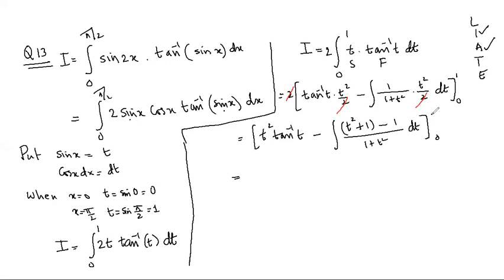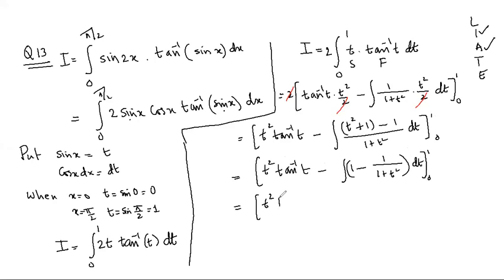So this became t square tan inverse t, integral 1 upon 1 plus t square. That became t square tan inverse t.